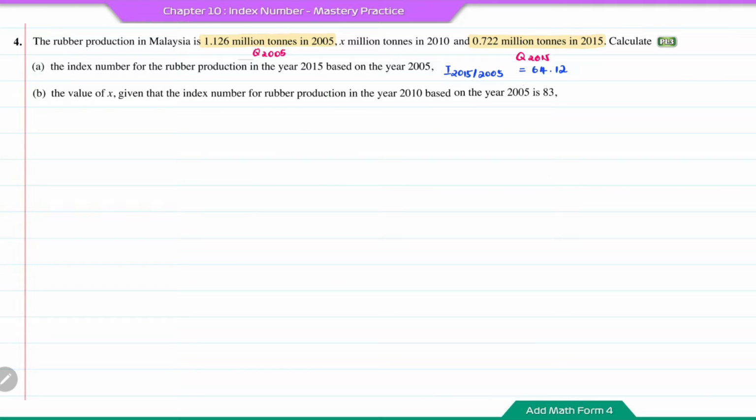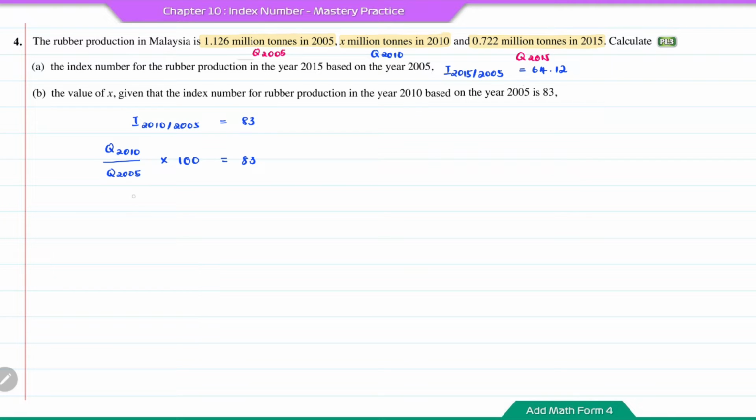Question B. The value of X given that the index number for rubber production in the year 2010 based on the year 2005 is 83. To get the answer 83, we're going to get the quantity in the year 2010 and divide it with the quantity in the year 2005 and multiply it with 100. This will be equal to 83. The X here is referred to the quantity in the year 2010.